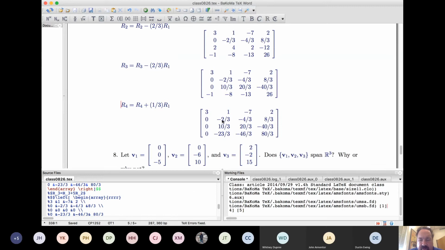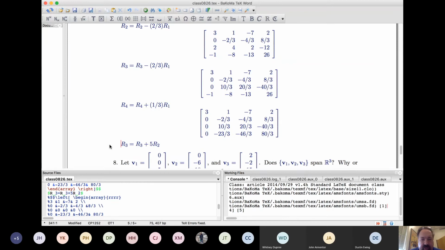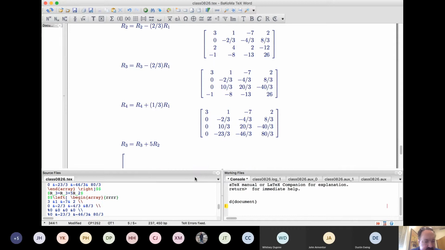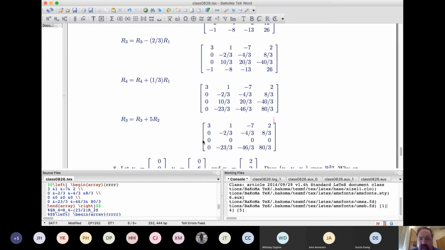But here we still have a ratio of -5 for using row 2 to eliminate this entry in row 3. And we see there a row of zeros, which we could have spotted up here too, because notice if I take these numbers and multiply them by -5, I get exactly these numbers in the third row.